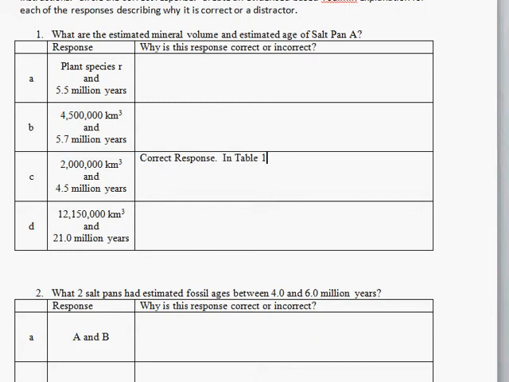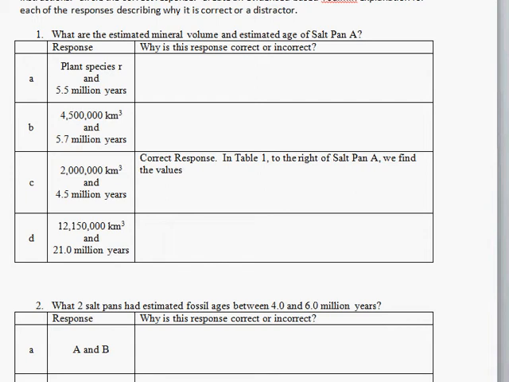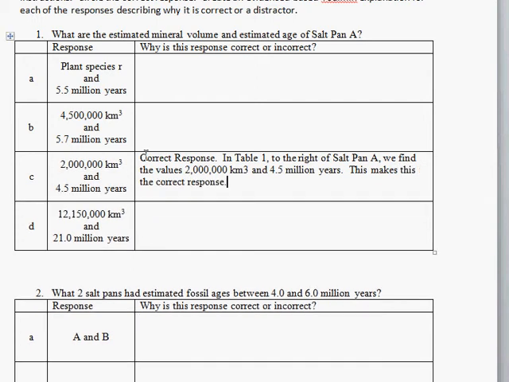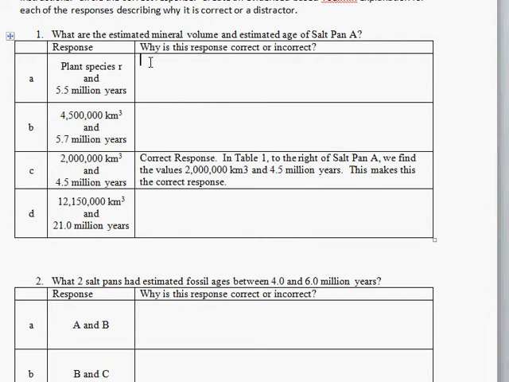In table 1, to the right of salt pan A, we find the values 2 million kilometers cubed and 4.5 million years. This makes this the correct response. That makes these all distractors.